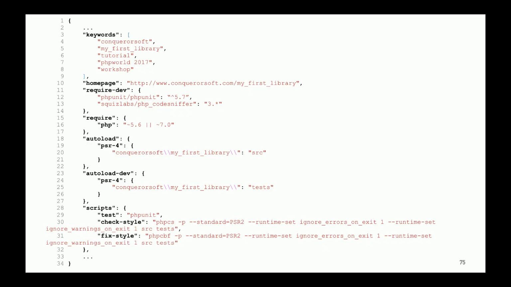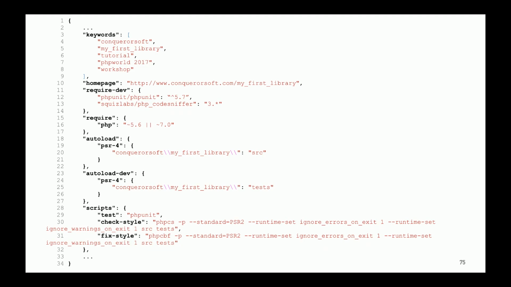So we are specifying conquerorsoft, well, in this case, I'm going to use my user. Conquerorsoft was for the repository that I uploaded, my first library, and then the source. Here, it is very important to have those double backslashes, and here too, so it can be read properly by the composer configuration. We are going to have the tests in the test directory.